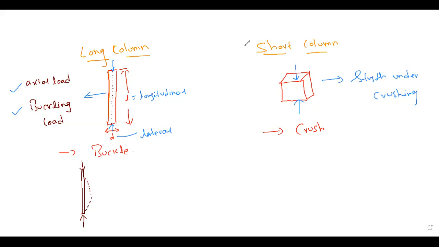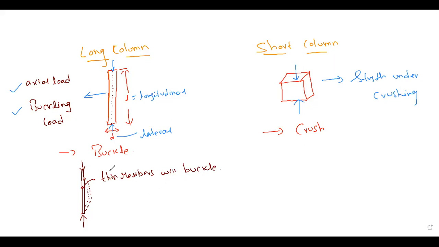If you take any broomstick and apply a compression force on it, as broomsticks are very thin, due to pressing them the broomstick will bend like this. So why is it bending? Because it is very thin. So that means thin members will buckle.